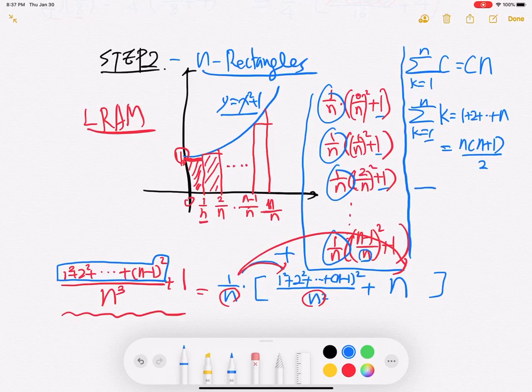What is the next sigma formula? Sigma k equals 1 to n of k squared, which means 1 squared plus 2 squared plus until n squared, right? That formula is n times n plus 1 times 2n plus 1 all over 6.